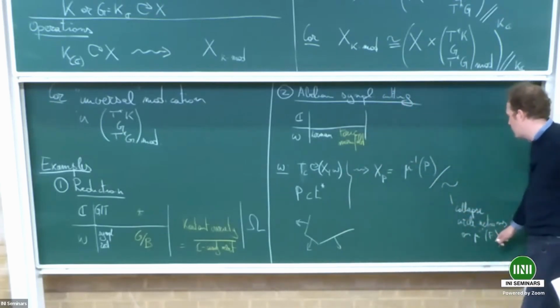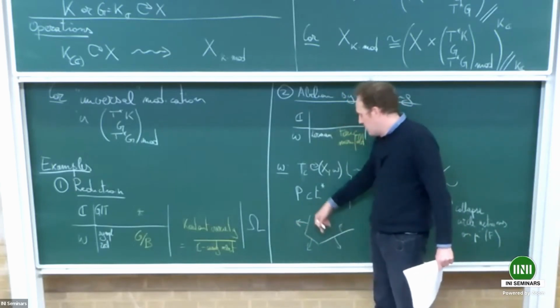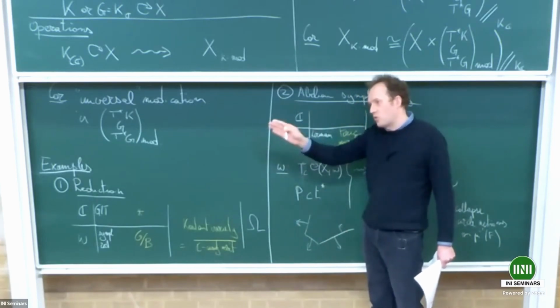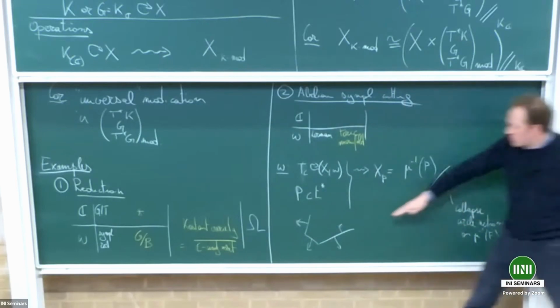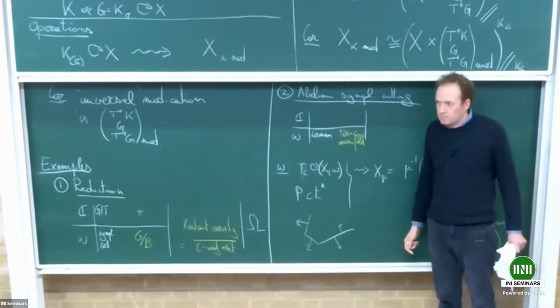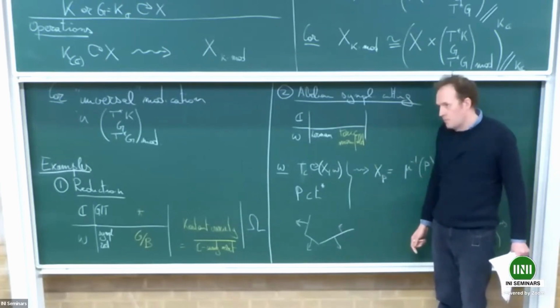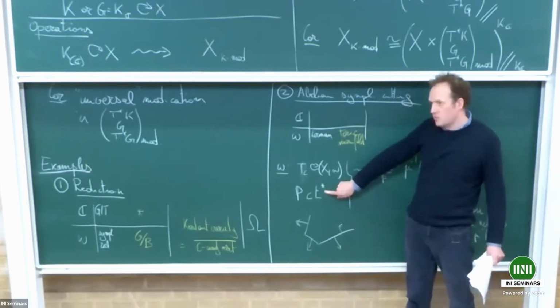Oh, so sorry, F are the faces. So for any face of my polytope, I get an associated circle, or a map from the circle to the torus, and I just collapse that orbit on the pre-image of that face. Yeah, so my polytope lives in the dual of the Lie algebra.